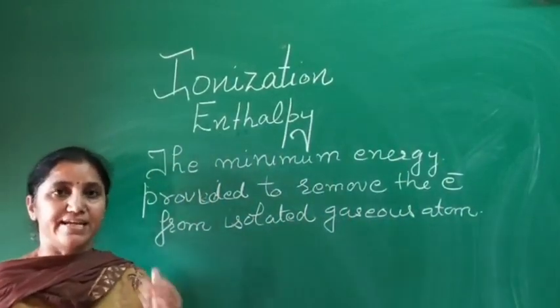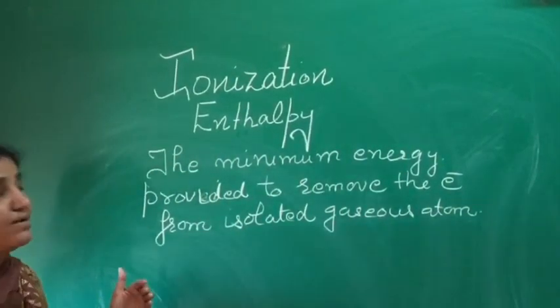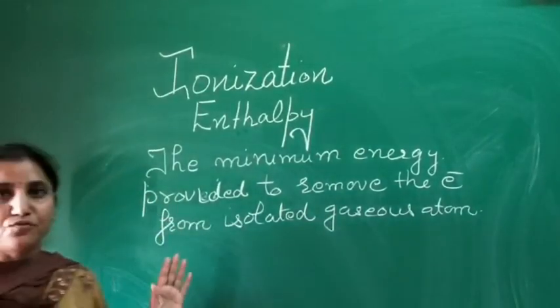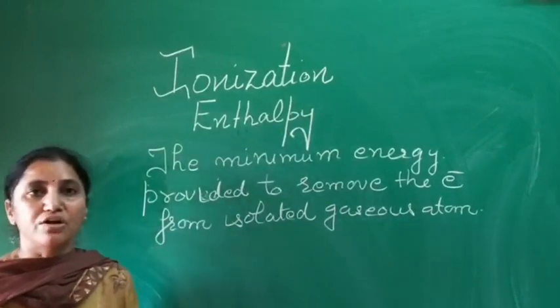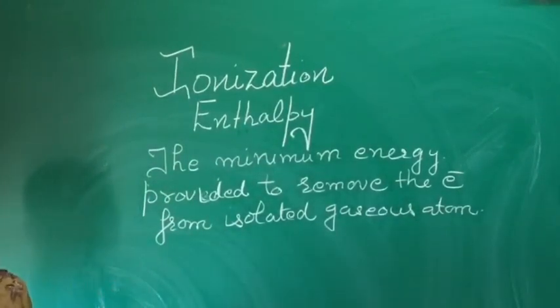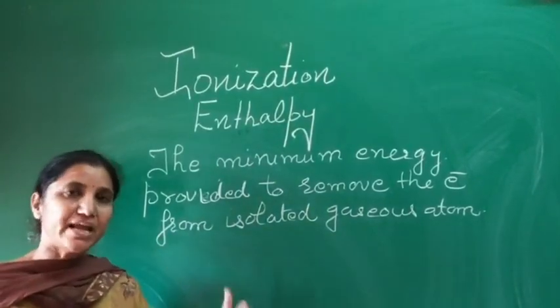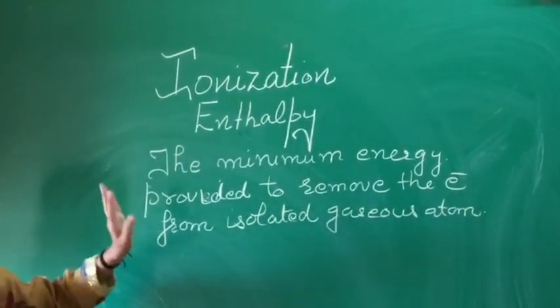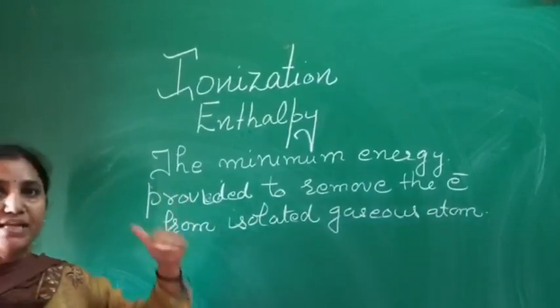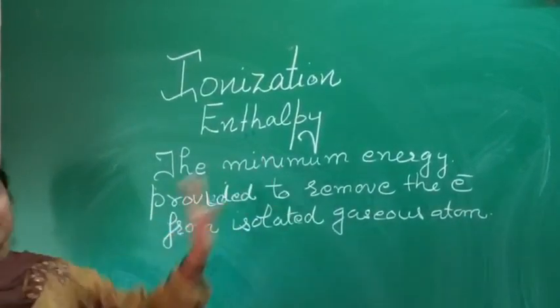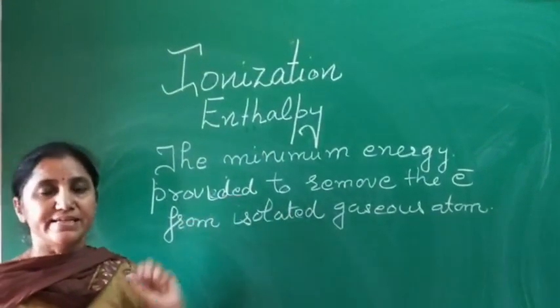Students, you know that electrons are held together by the protons through a strong electrostatic force of attraction. In order to overcome that force of attraction, the energy has to be provided. And when a sufficient amount of energy is provided, then the most loosely bound electron, that is the valence electron, gets removed and is converted into a gaseous cation.